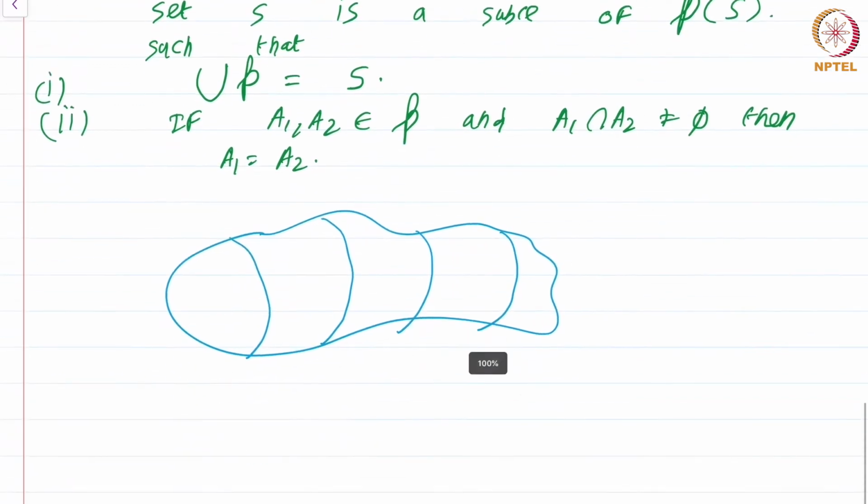Okay, so now we have the notion of a partition. How is this related to the notion of an equivalence class? Well, we have the following proposition.